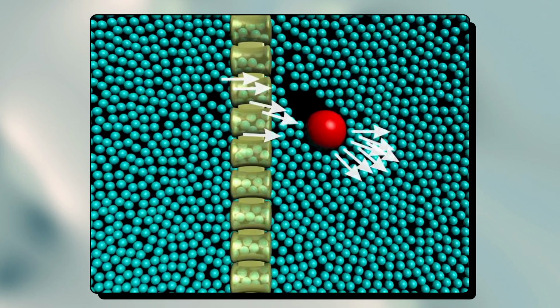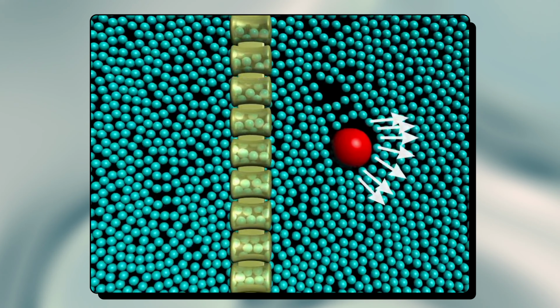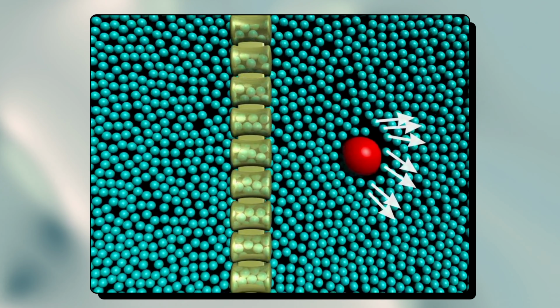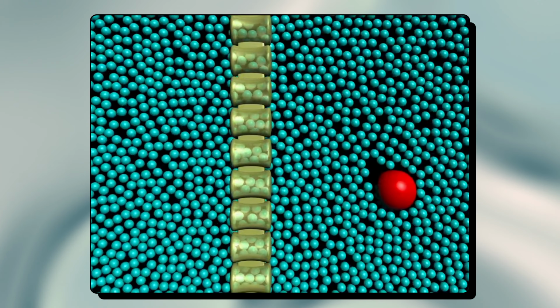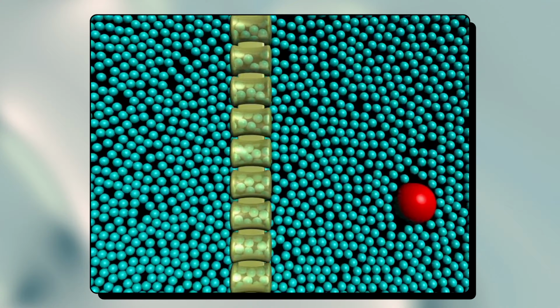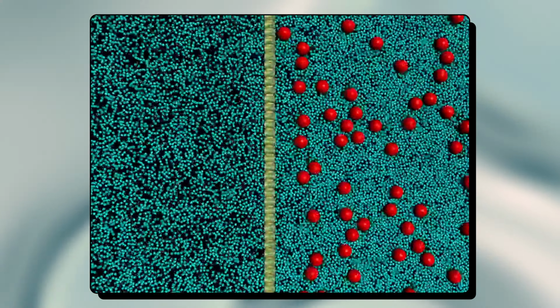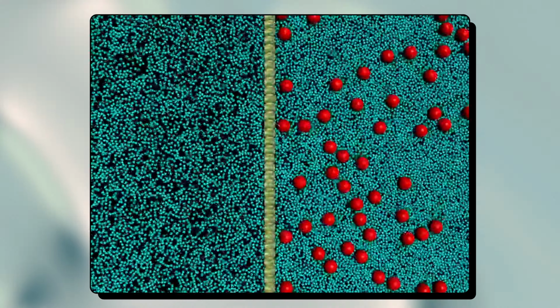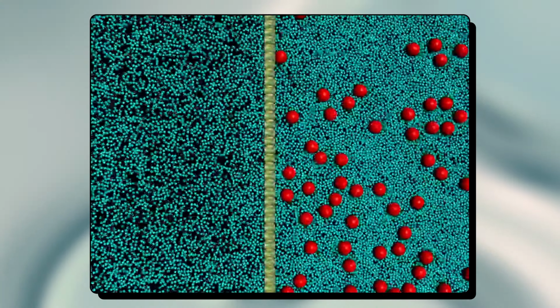The rebounding solute collides with water molecules, transmitting kinetic energy and driving water molecules away from the barrier. It is as if the barrier has a repellent force field on one side only, pushing water molecules away. Multiply this effect by billions of solute molecules in constant collisions with the barrier, and the net result is that more water flows in than out, and osmotic pressure builds.